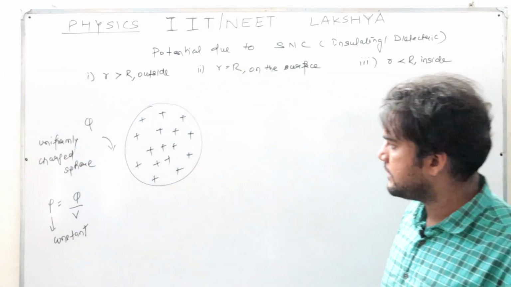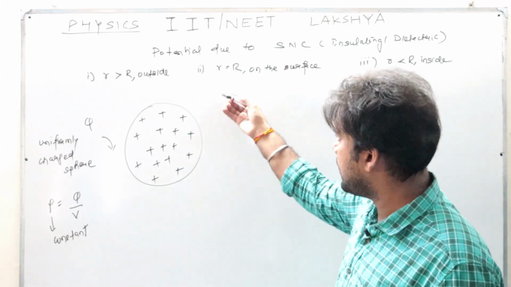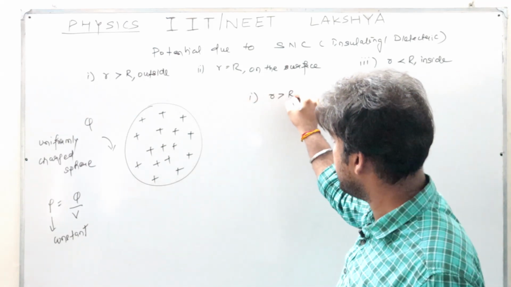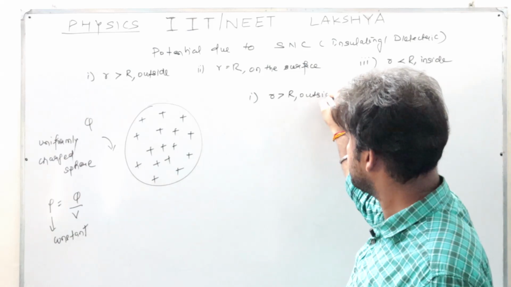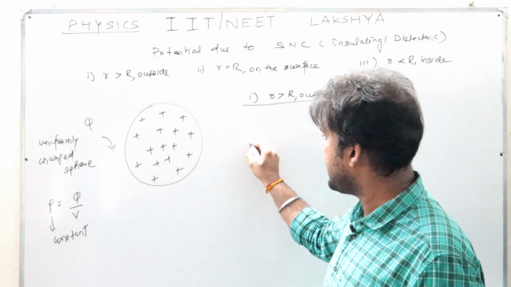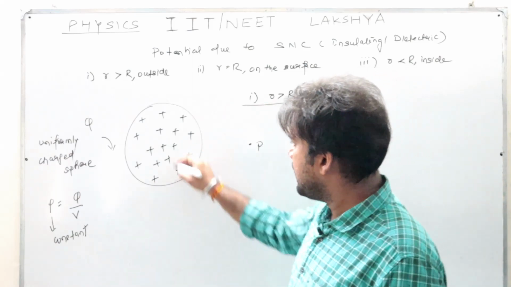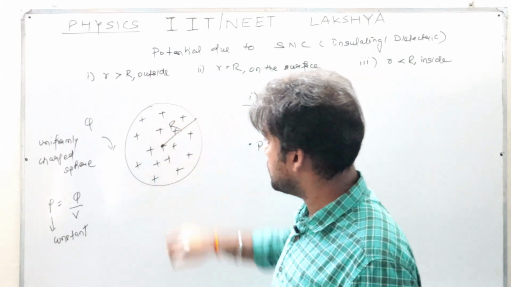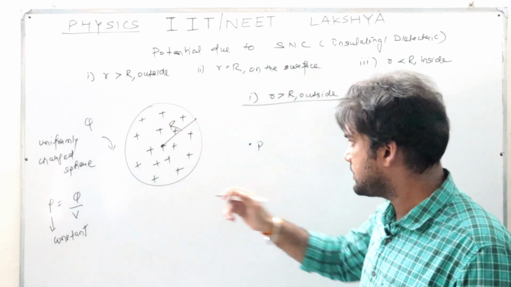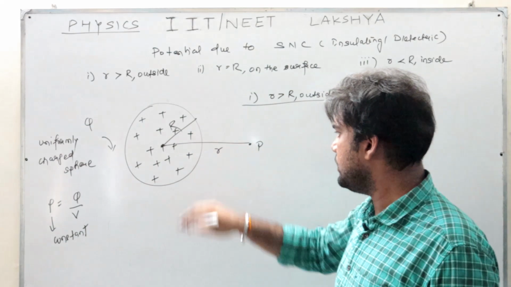So now let us discuss the case here at a point P outside. Case 1, r greater than R, outside point. So let us say at this point we need to discuss. Assume the radius R of the sphere. This distance from the center we can assume to be small r.